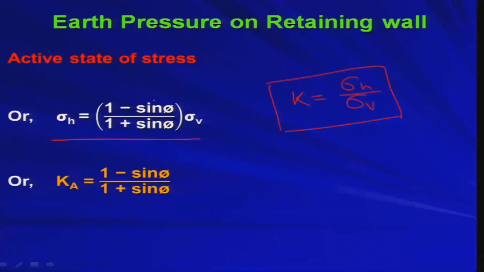So, from this expression I can write sigma h is equal to Ka into sigma v, right, where Ka is the earth pressure coefficient at active condition, or simply the active earth pressure coefficient, and that is nothing but 1 minus sin phi by 1 plus sin phi. We have seen this in the last lecture.